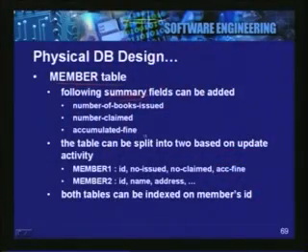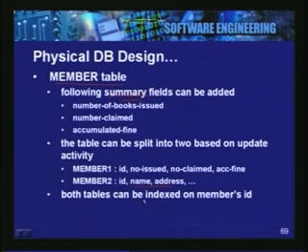So, we introduce this summary data, but we must also remember that this summary data now needs to be updated every time we do an issue or claim type of transaction. So, we may then decide to split the table into two tables called member 1 and member 2. Member 1 will typically contain the aggregate data or the summary data, and the member 2 file will contain data which is not changing.